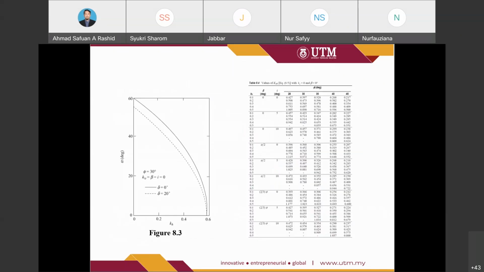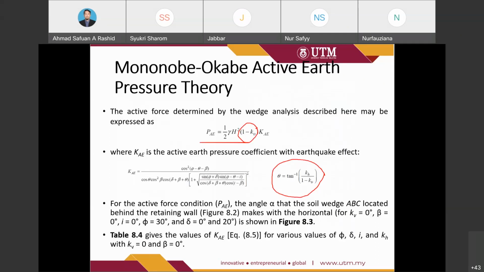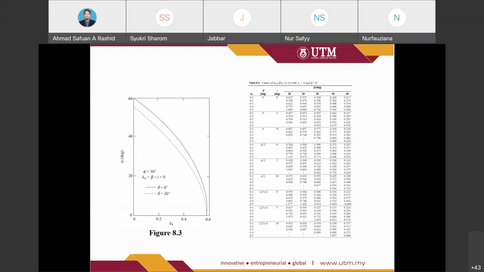So then, to estimate the value for the KAE, we can use table 8.4, which is the same approach that we learned from the previous table for the static one to get the KA.